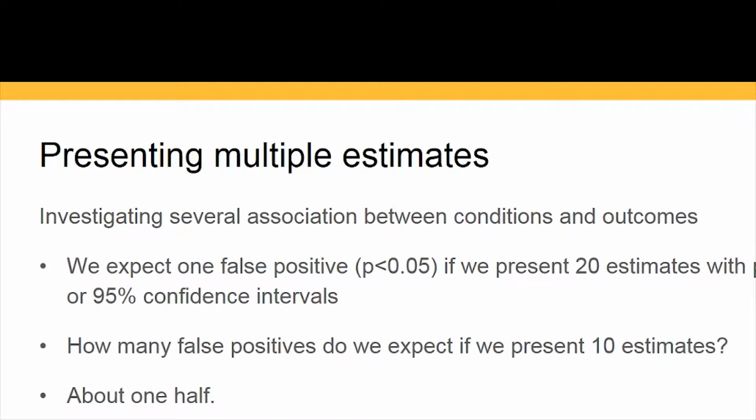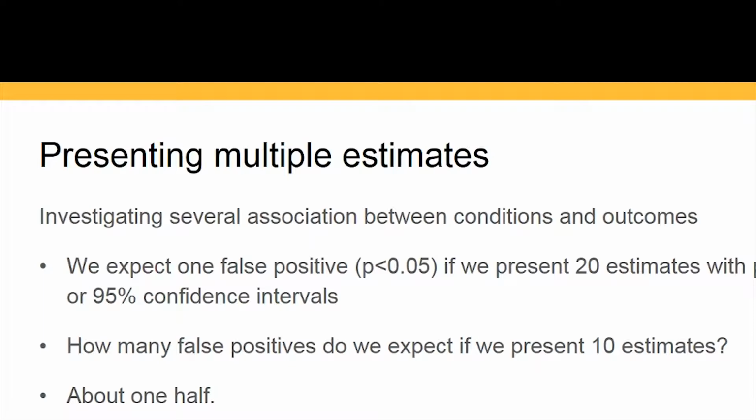The answer is about 1/2. So in other words, if we investigate the effect of being born prematurely on 10 different outcomes, and P is less than 0.05 for one of them, the evidence in favor of that association is not as strong as it would have been if we had only conducted one test.